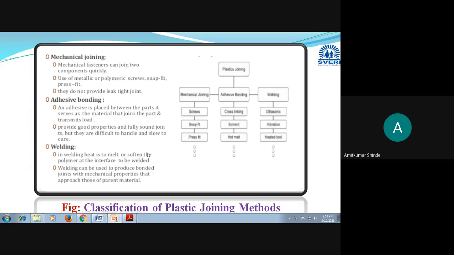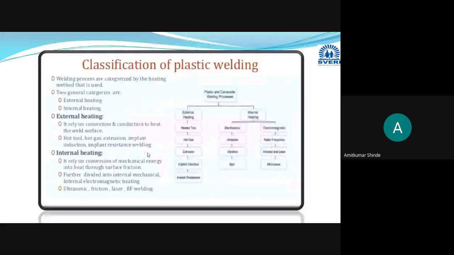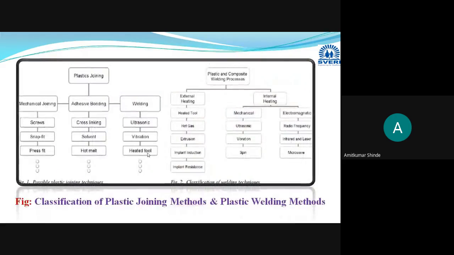Then we discussed the classification of welding methods used for joining plastic materials depending on their heating medium or source: external heating and internal heating, and their subtypes.